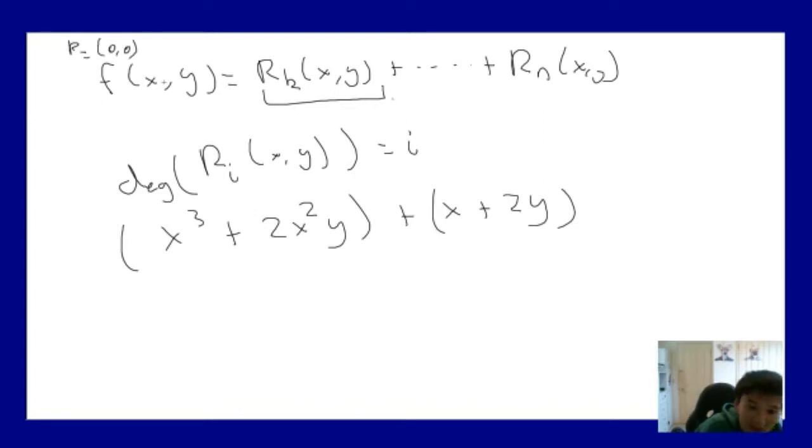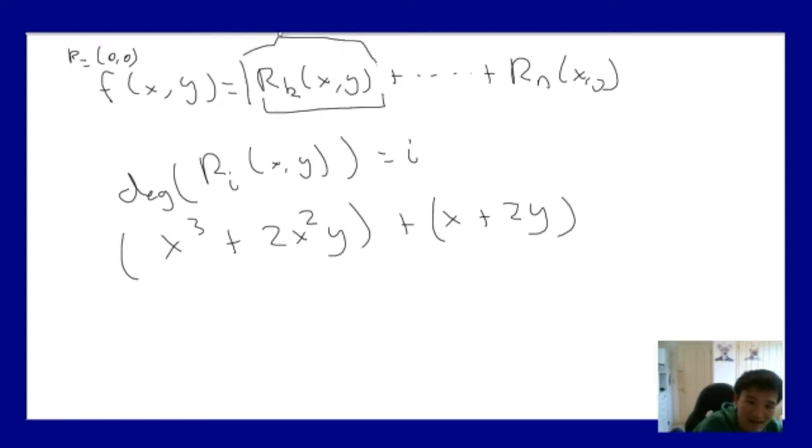And then from here, we know from basic calculus that at (0, 0), the terms of the lowest degrees dominate the polynomial. So we can consider r_k(x, y) that dominates f at the origin. And then that means we can consider the thing, and this will tell us whether there is a singularity or not.